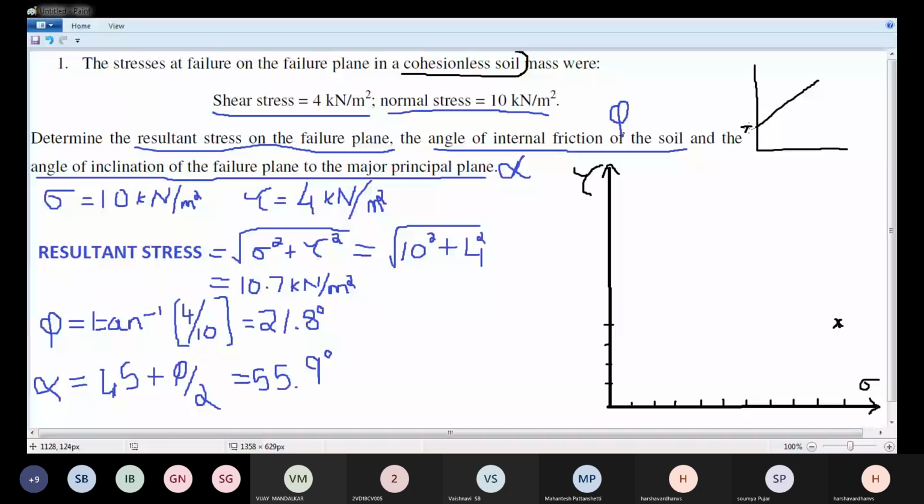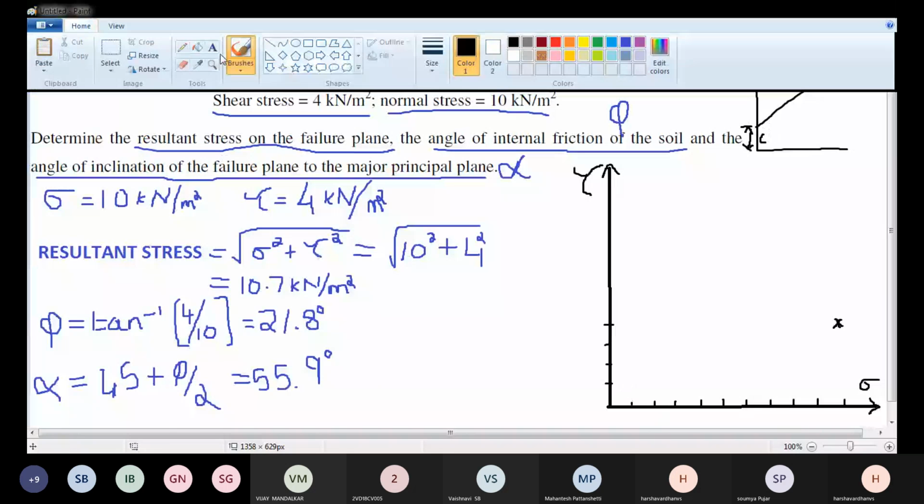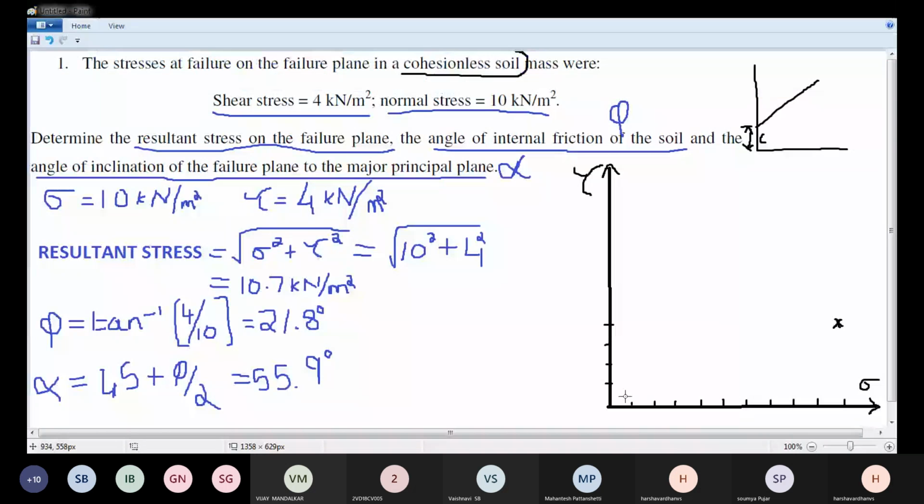Y-intercept is equal to C. So if C is equal to 0, then this Mohr envelope or strength envelope will start from the origin. For cohesion-less soil, the Mohr envelope always starts from the origin. So this is my Mohr envelope, failure envelope, or strength envelope.